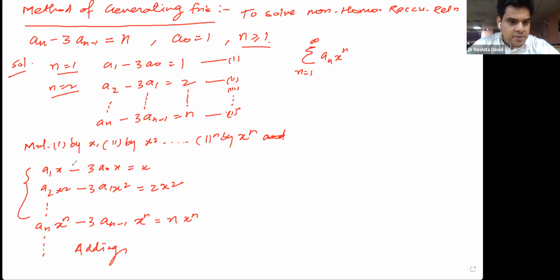This summation represents the first term of all the equations. Then minus 3 times another summation, where n is starting from 0. But if I start from 1 here as well, I will have to take 1x here.